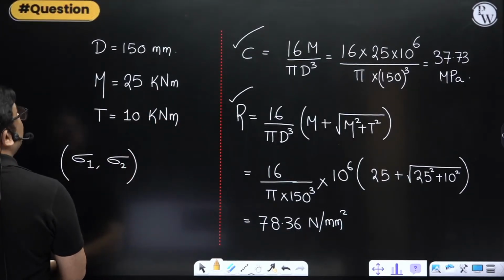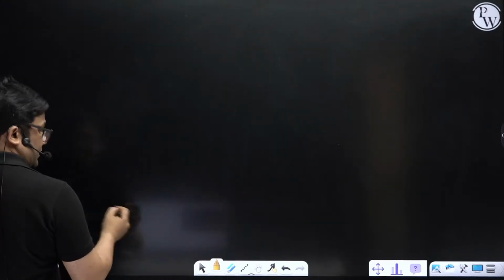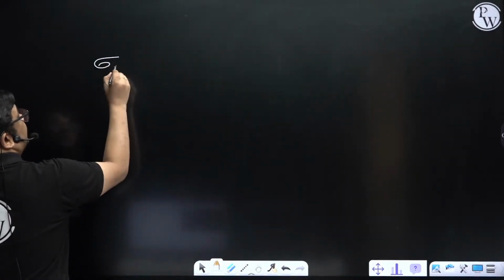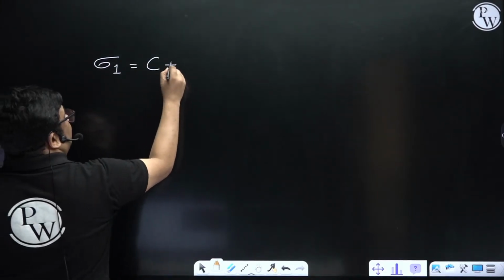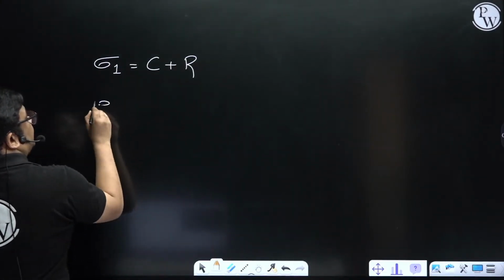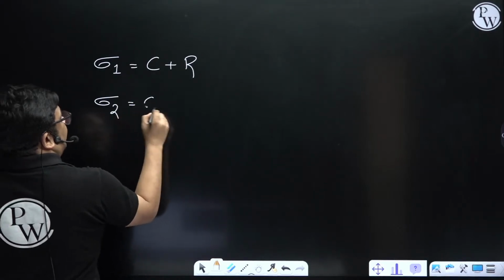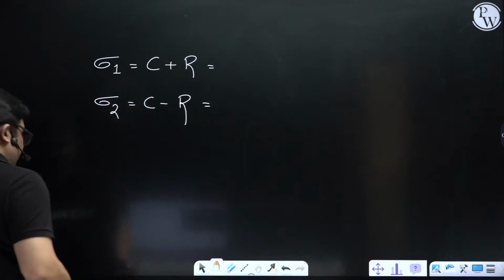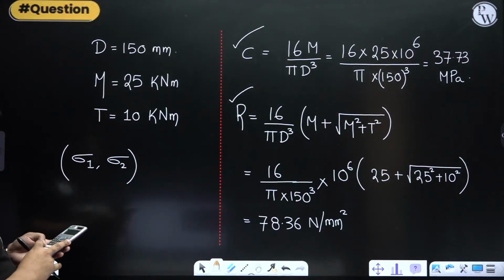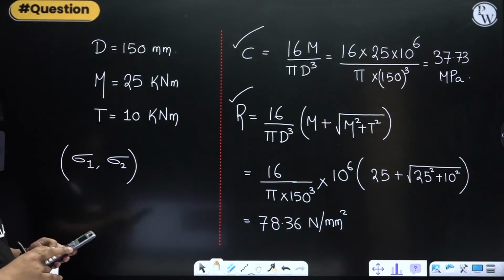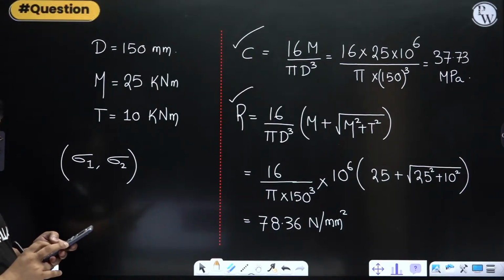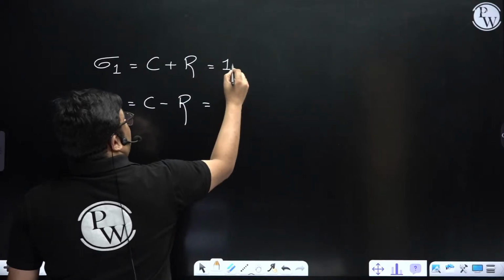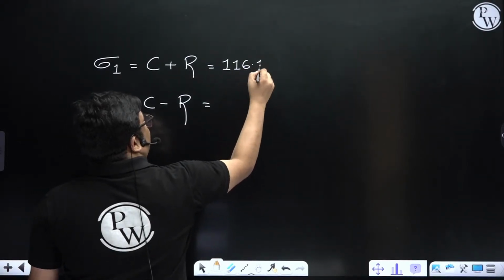So what is sigma 1? Very easy, C plus R. And sigma 2 is C minus R. So 37.73 plus 78.36 is 116.1 approximately.